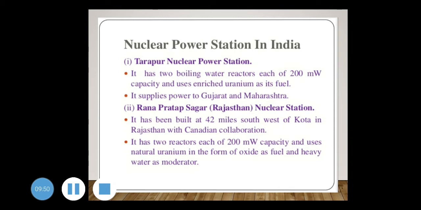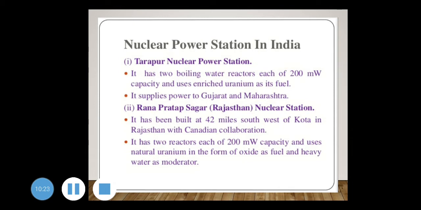Now, the Tarapur nuclear power station. The Tarapur nuclear power station has two boiling water reactors having an individual capacity of 200 megawatts, and the fuel used for the generation of this electricity is enriched uranium. The electricity generated by this plant is supplied to Gujarat and Maharashtra.